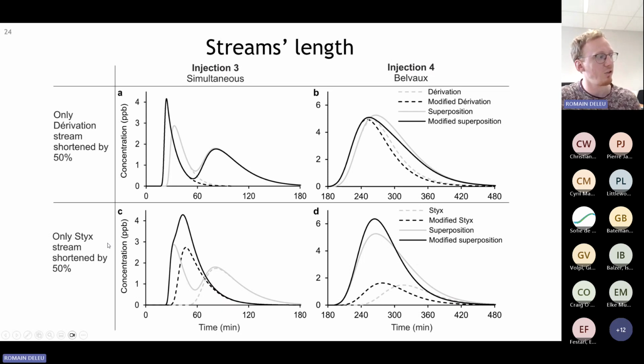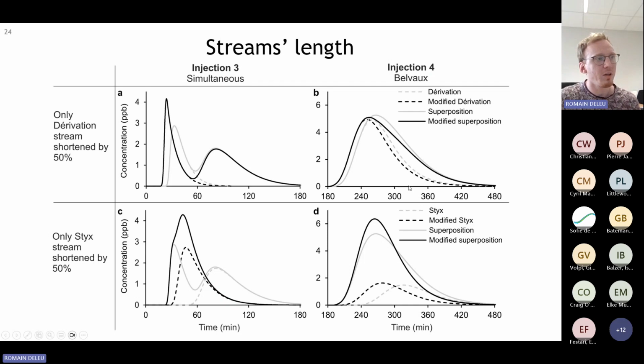But if we change the other stream, the second peak this time comes earlier. That means that the two peaks become simultaneous. So we do not have a double peak anymore, but rather one single peak combining the two curves together because they arrive almost at the same time at the outlet.